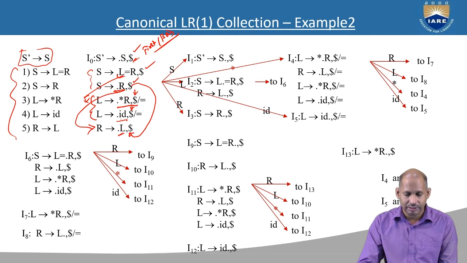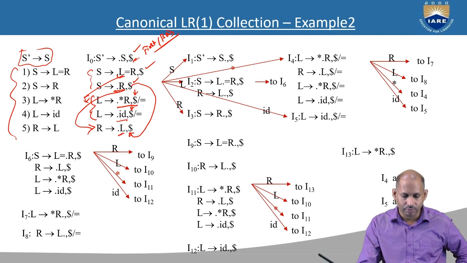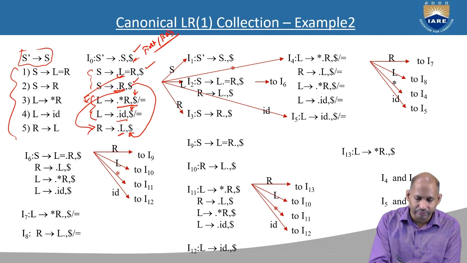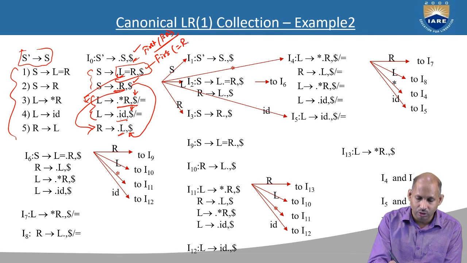Here, listen. What is the first of beta A for this one? The first of beta A is assignment or dollar. So this is the result.